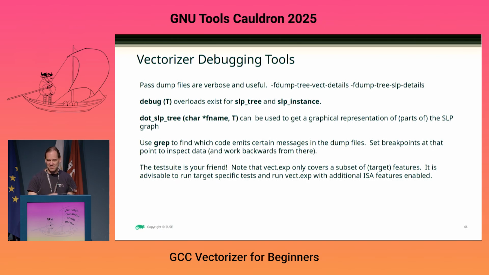It helps for SLP pattern detection, for example, when you try to visually match up how the graph looks. Otherwise, I think the details vect tree dump is very good in pinpointing what goes wrong, but it's very verbose. So you need to learn to filter.